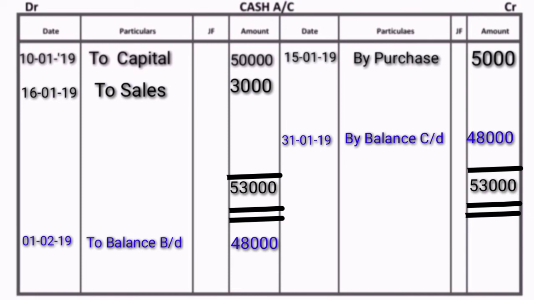And last, that balance amount we will bring down on the opposite side. There we can write balance brought down, sometimes to balance brought down or by balance brought down. This is the step.